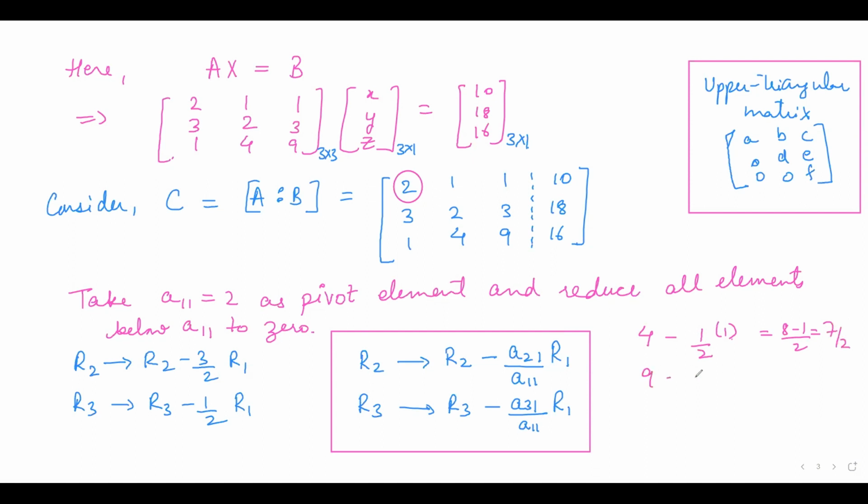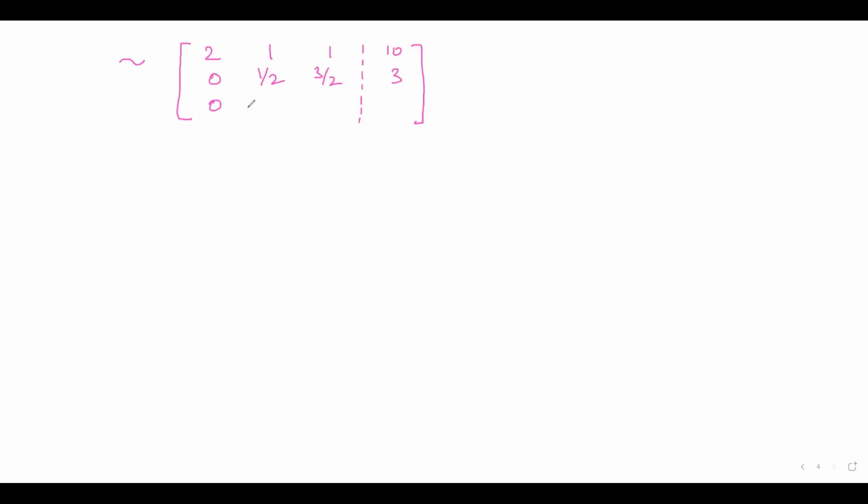Similarly, 9 minus half would be 18 minus 1 upon 2, that's 17 upon 2. 16 minus half into 10, that's 5. So 16 minus 5 is 11. So these are the elements. So I'll just substitute there quickly: 7 upon 2, 17 upon 2, and that's 11. Very easy to understand. No problem at all.